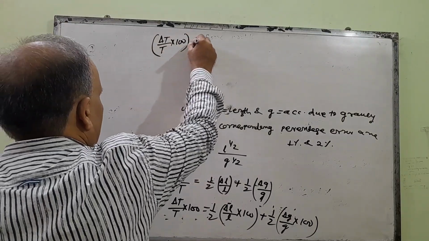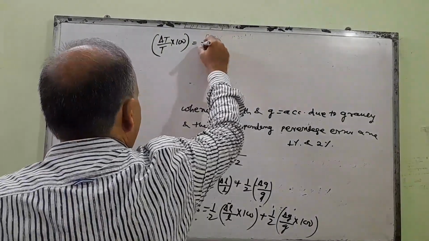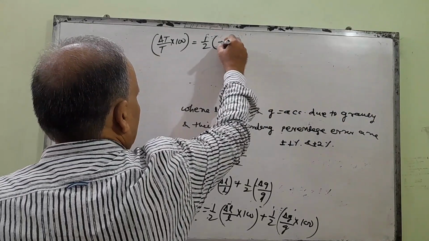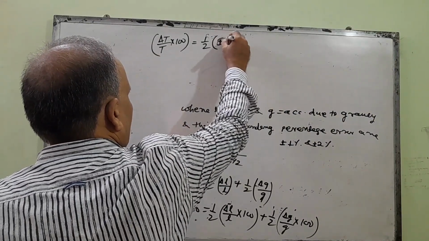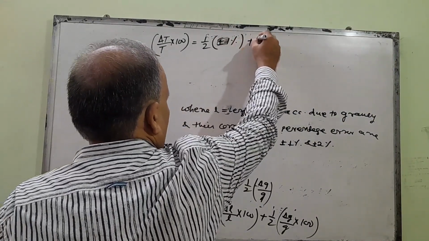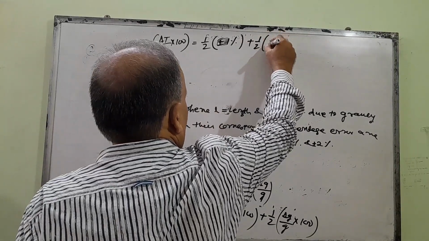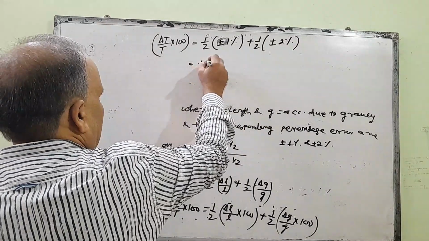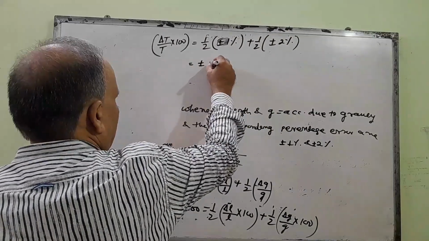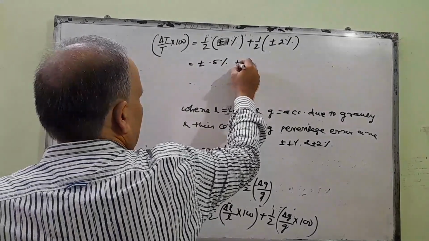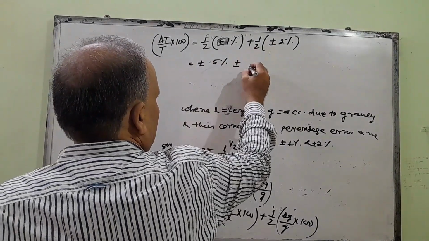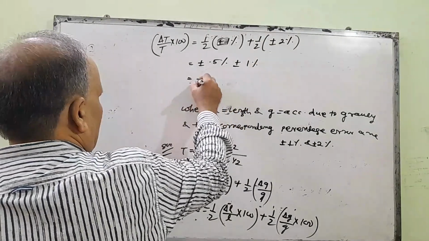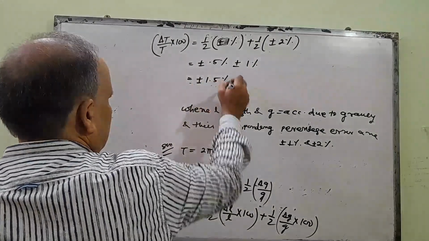This is the percentage error of the time period, which is half into plus minus 1% and plus minus 2%, that is half into plus minus 1%, plus half into plus minus 2%, that is plus minus 0.5% plus plus minus 1%, that is plus minus 1.5%.